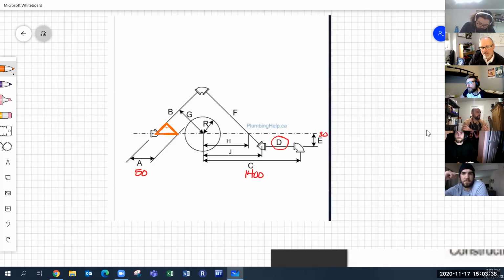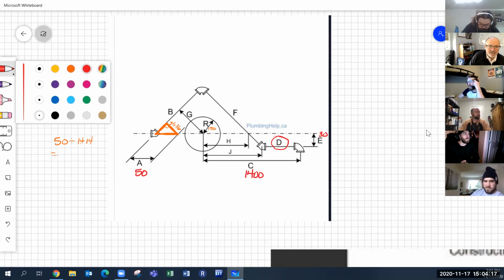And if I want the rise or the run of that travel, I take 50, my travel, and I divide by 1.414. Oh, there's another measurement that I forgot. R is 150. So this turns out to be 35.36. Yes? So this line right here is 35.36.